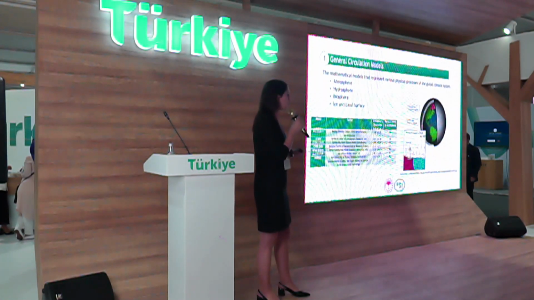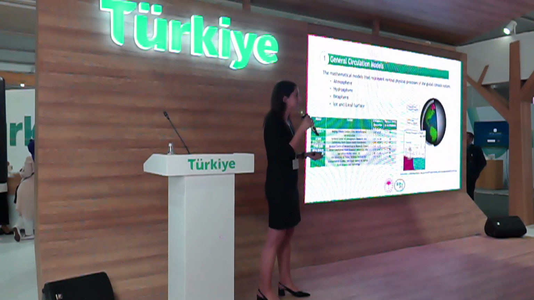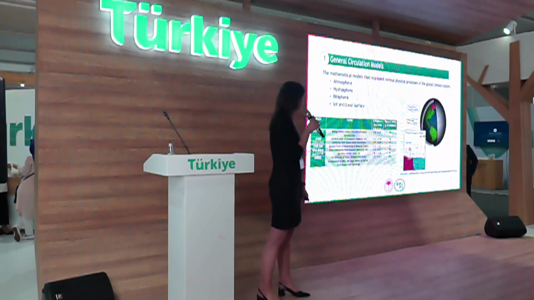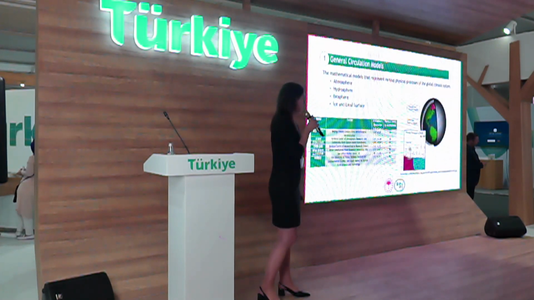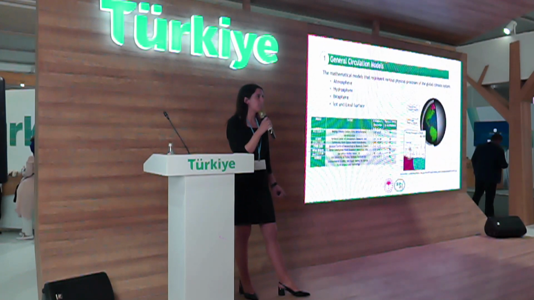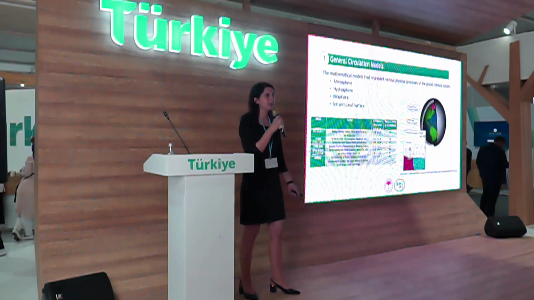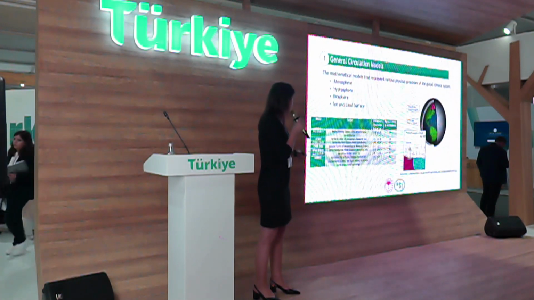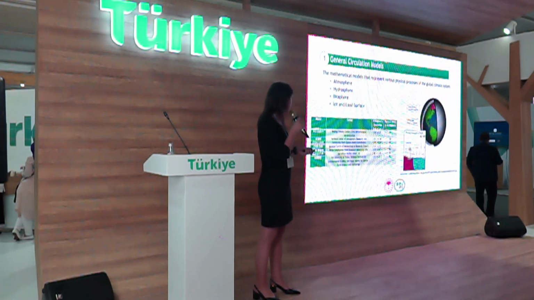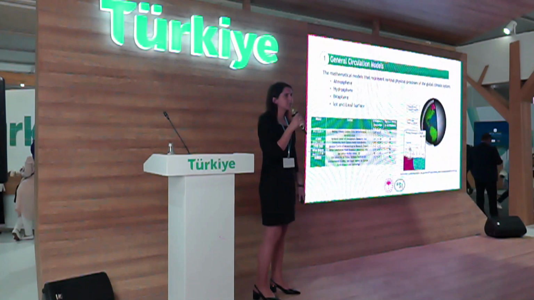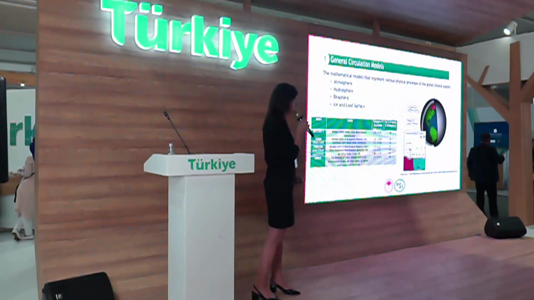But of course, supercomputers are really difficult to find. So sometimes we can only use one model to make climate projections, and that's what we did in Ankara. For the Gediz River Basin, we use the GFDL ESM2M atmospheric model.